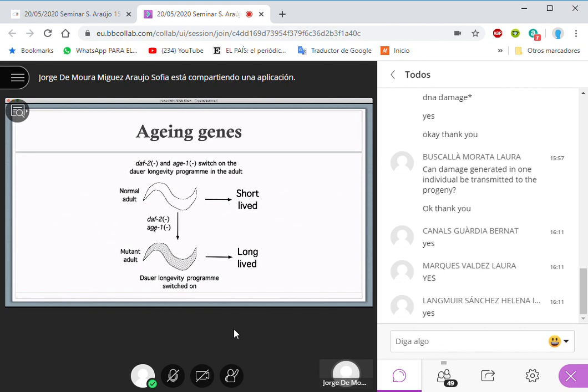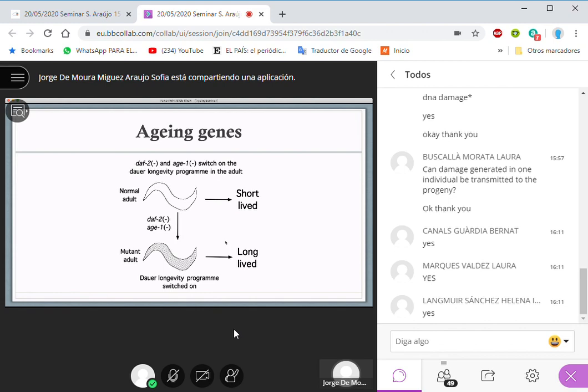And so this is a small cartoon of that. You have DAF2 mutants and AGE1 mutants that we talked about already. They usually switch on the dauer longevity program in adults. So you have a normal adult. If the nutrients go down very abruptly, this one will enter the dauer state. But if you have mutations in DAF2 and in AGE1, this mutant adult will live much longer than the ones that don't have the mutations.